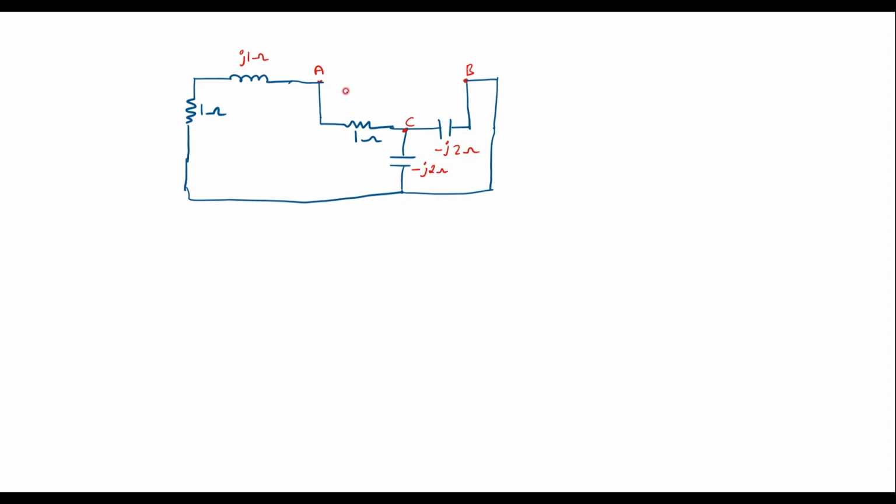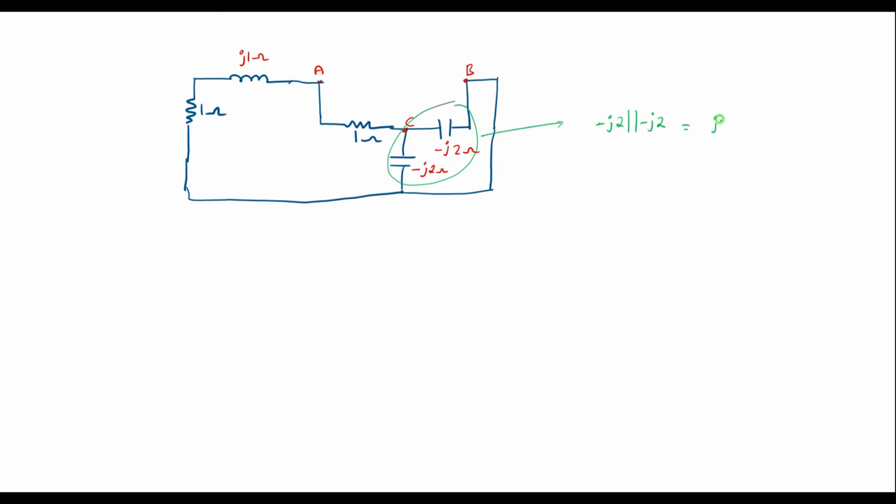Now we are supposed to find the equivalent resistance between terminal A and B. So here we can observe that these two are in parallel, that is minus J2 is parallel with minus J2.